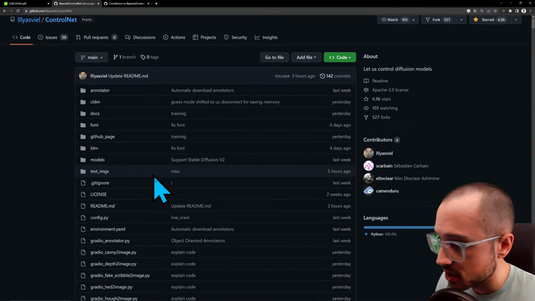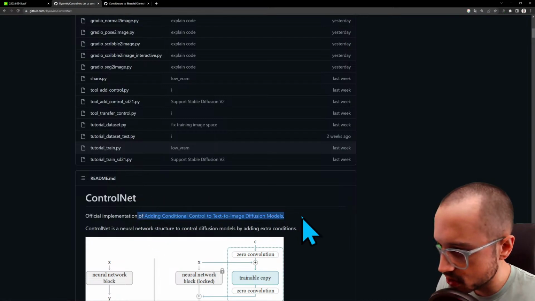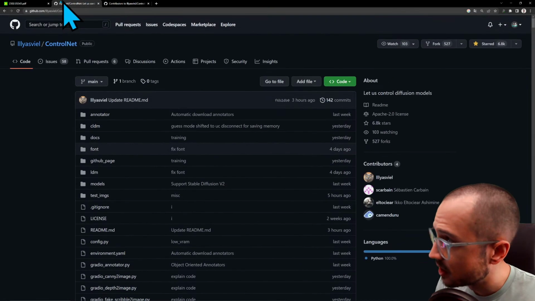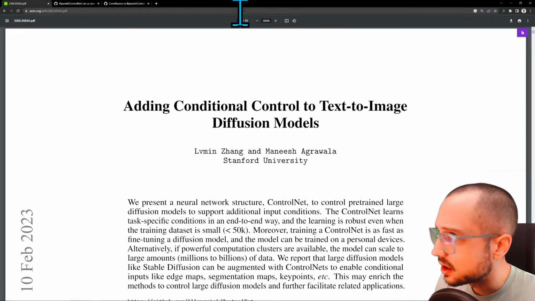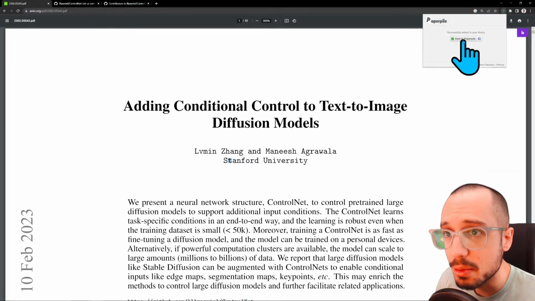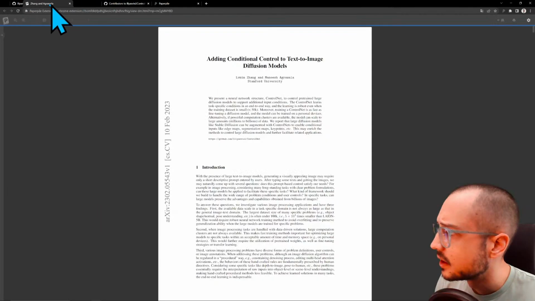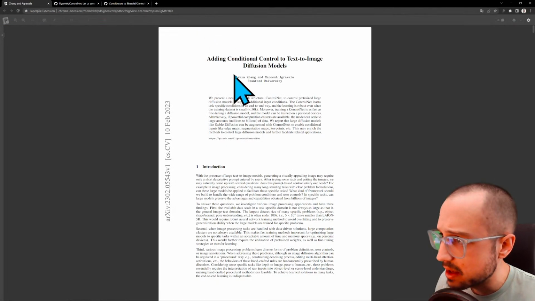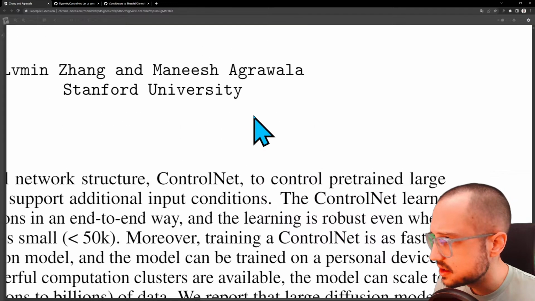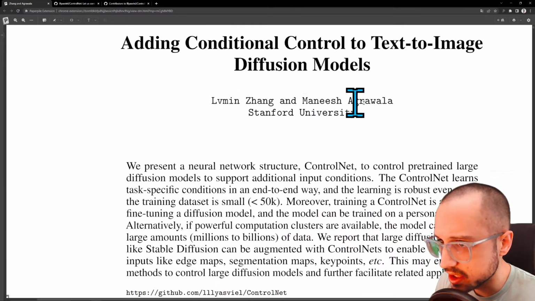So ControlNet is based on this paper here, Adding Conditional Control to Text-to-Image Diffusion Models. This is a paper written by, not what I want, this one in Paper Pile. So this paper is written by the people here. We have Lvmin Zhang and Maneesh Agrawala from Stanford.